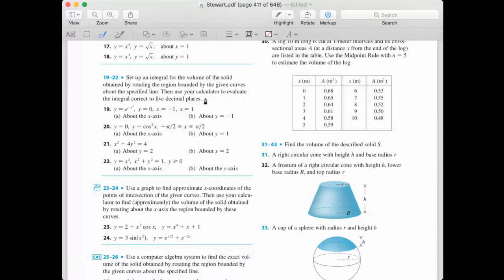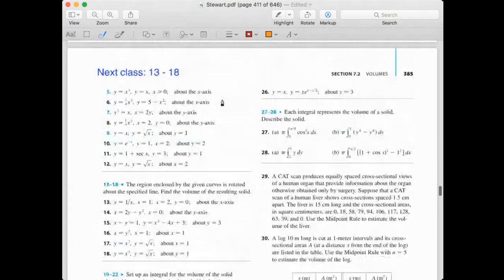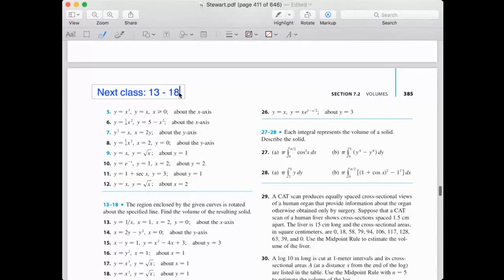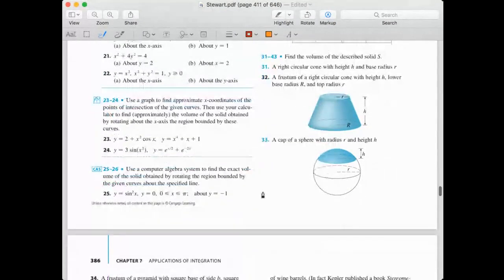Oh, it also asks to calculate. Okay, so we do. So I'm going to leave you more to practice. So 13 to 22, let's see.